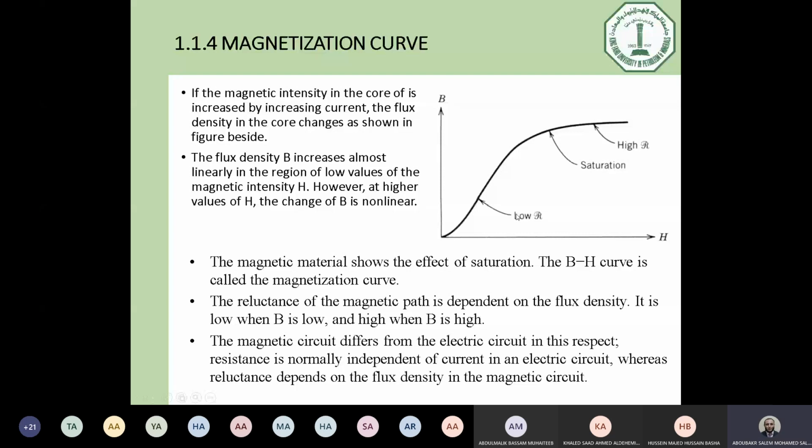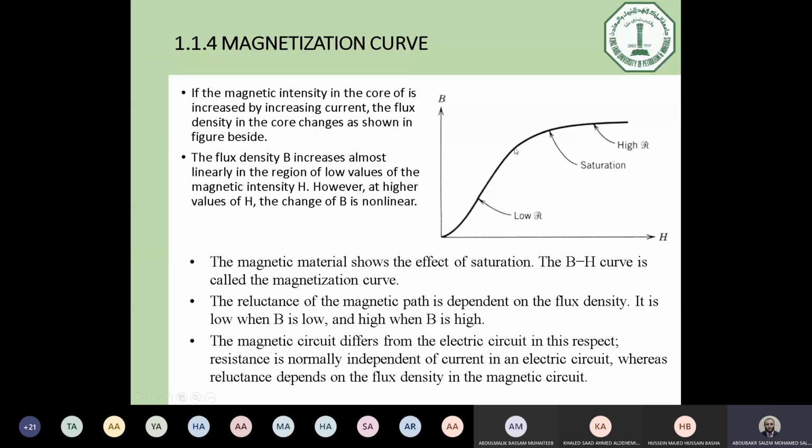So you will not have a lot of current consumed, so it's going to save power. And also here the value of B is high. If you work at a small value here, you may not have sufficient flux to operate your loads.